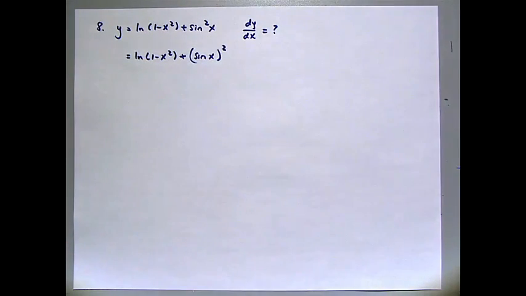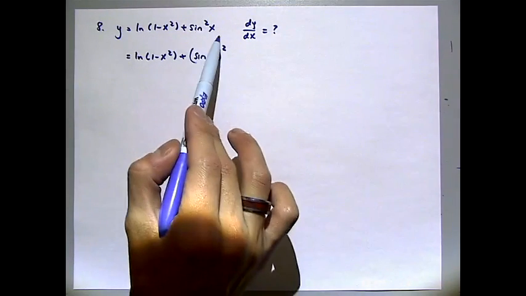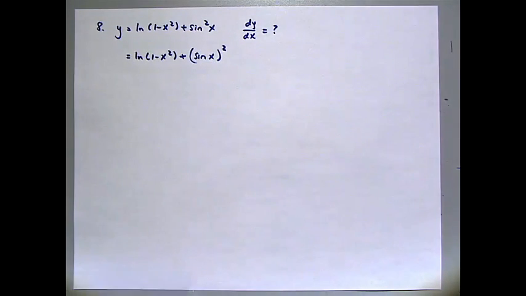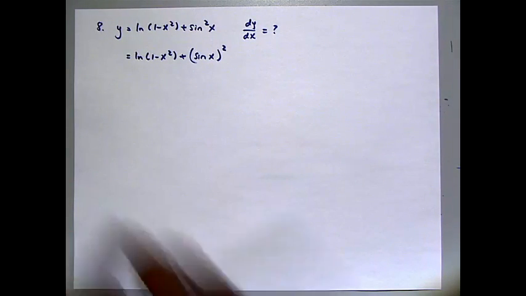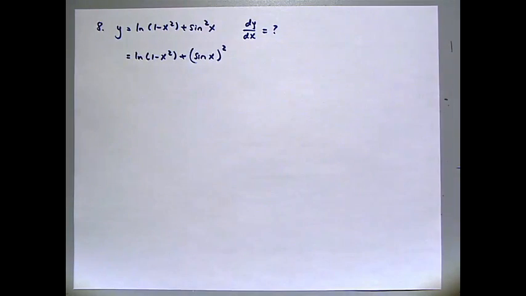That power of 2 goes with the sine, so that means this is sine of x, the whole thing squared. If the 2 were to go with x, then that's an entirely different thing. That means sine of x squared. So be careful with where the power is placed.